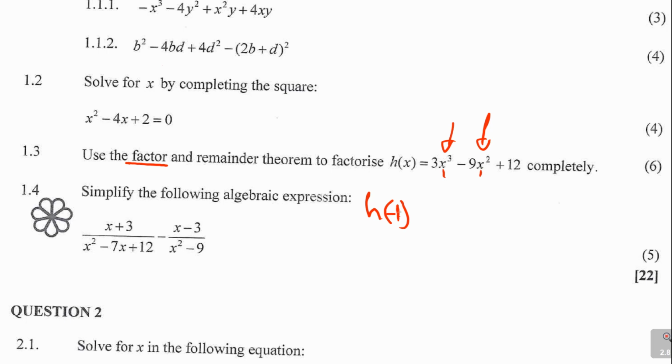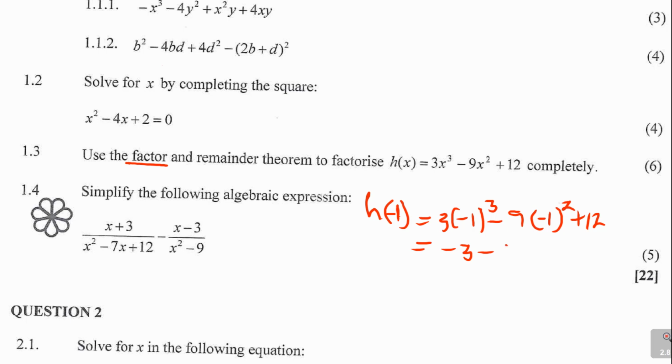But let's try minus 1. If I put minus 1, it will be 3 minus 1 minus 9 minus 1, this is cubed, this is squared, plus 12, and then it will be minus 3 minus 9 plus 12. This is equal to 0.